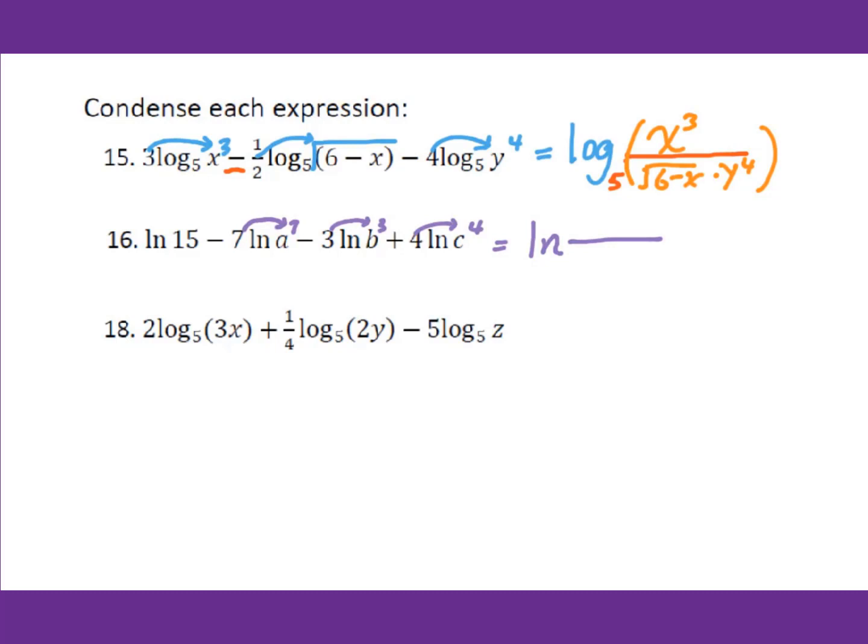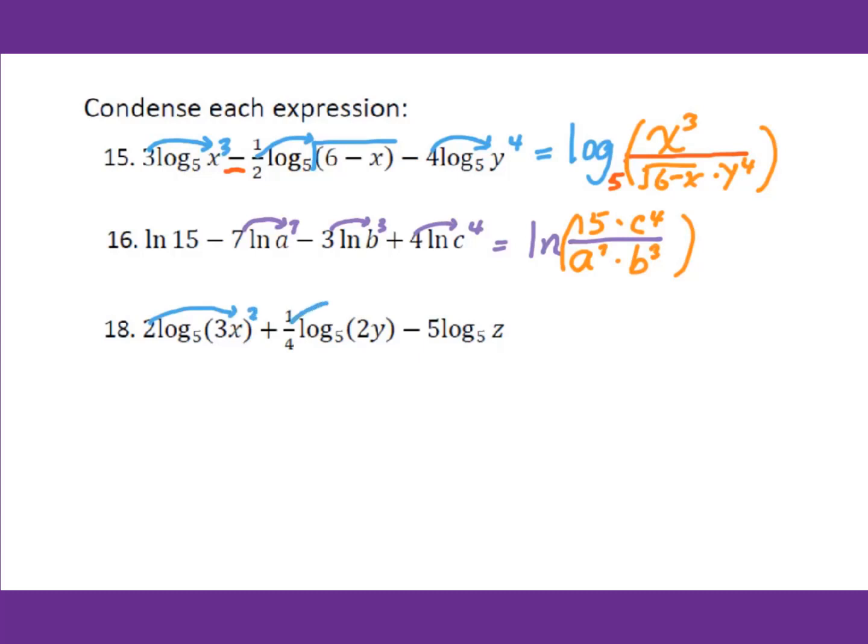Positive goes to the top, so 15 times c to the 4th power. Then subtraction goes to the denominator, a to the 7th power times b to the 3rd power. That's all.